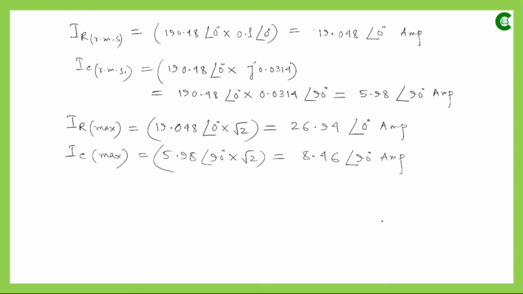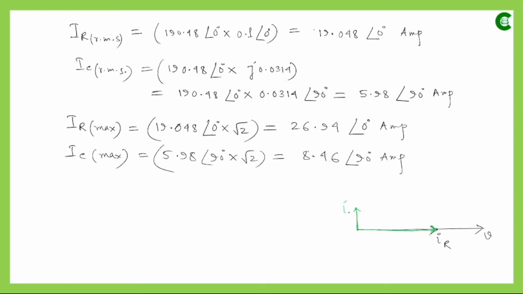If we draw the phasor diagram, say this is V, the phasor of the voltage drop across the resistor and capacitor. Then IR has the RMS value 19.048, and the peak is 26.94. This is the phasor of IR, and for IC it will be 90 degree phase apart, leading in nature.